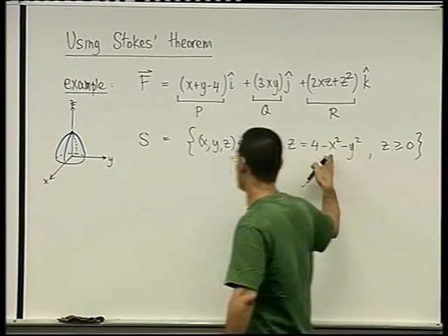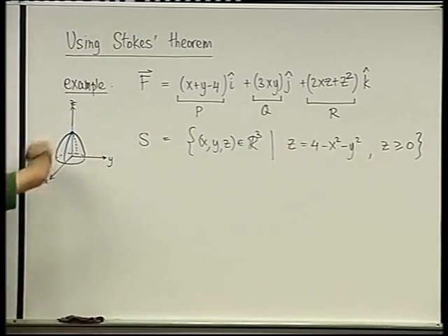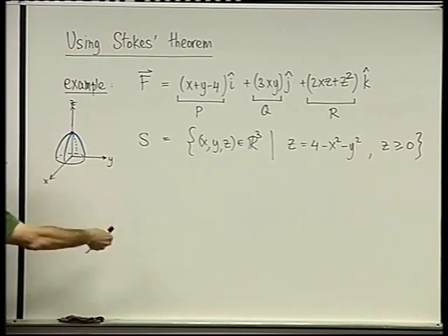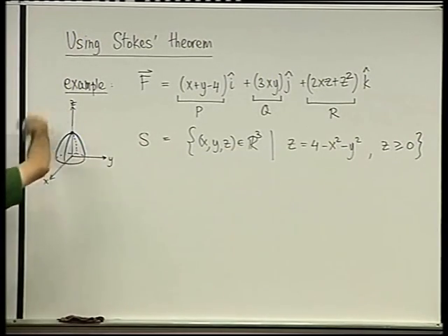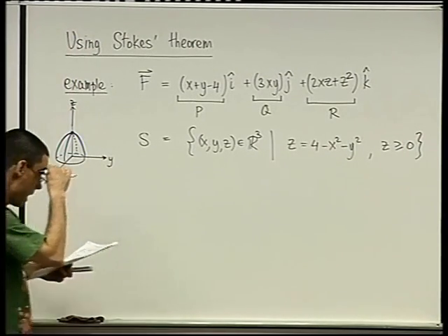And when you set x equals 0, you get a downward-opening parabola with vertex at 4. So you can see that this is what you get. Okay? And it's just the surface, right? Just the surface. Points x, y, z that satisfy this are precisely this hat-shaped surface. Everybody good? Okay, so that's S.